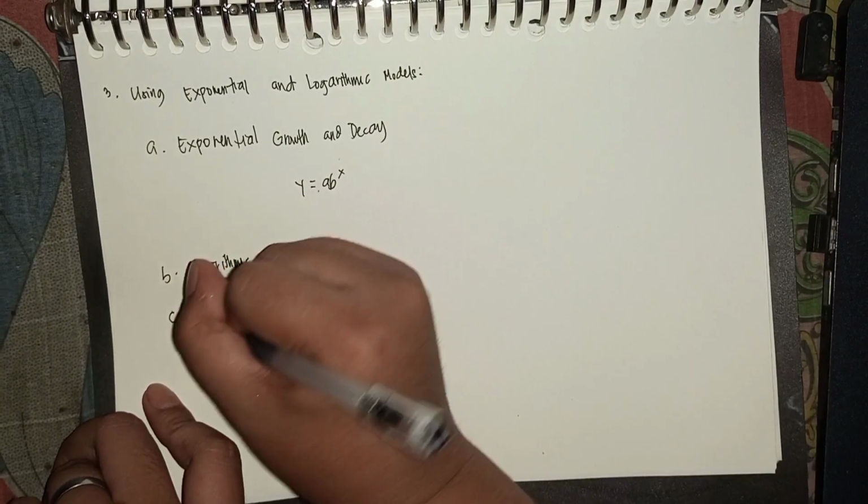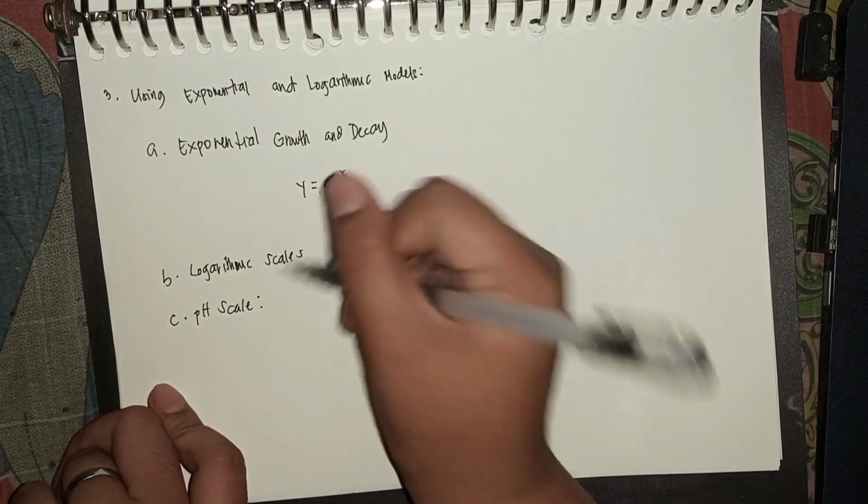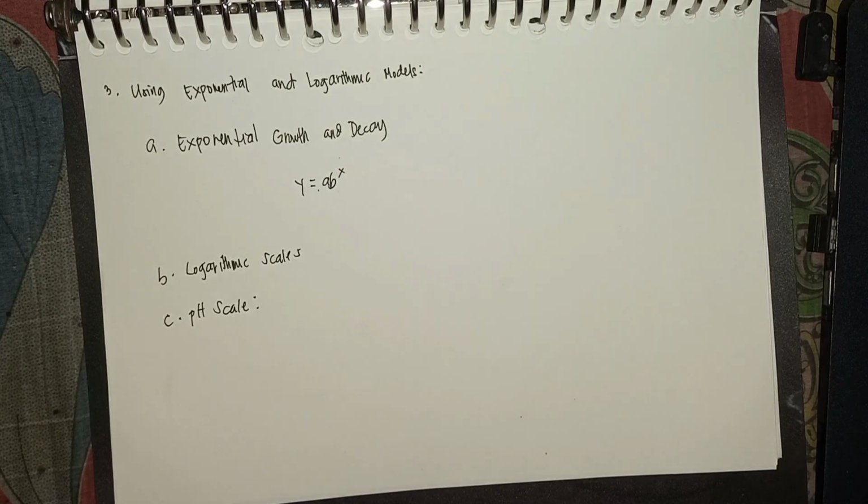Letter C, and lastly we have the pH scale. The pH scale, which measures the acidity or alkalinity of a substance, is based on logarithms. Each unit on the pH scale represents a tenfold difference in acidity or alkalinity. For example, a substance with a pH of 3 is 10 times more acidic than a substance with a pH of 4.